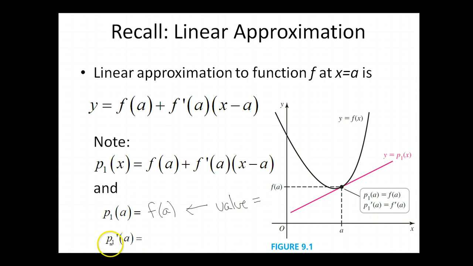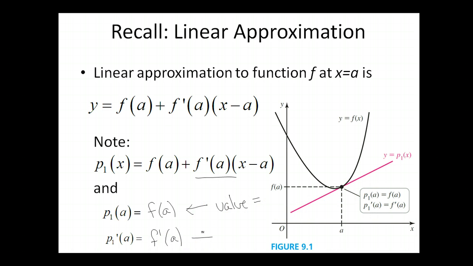Instead, down here, if we say what is p1 prime at a, that means first take the derivative of p1. The derivative of p1 is the thing in front of x, which is this, yes? And then, of course, evaluate it at a. Well, that's just a constant, because it's a line, and its slope is always the same.